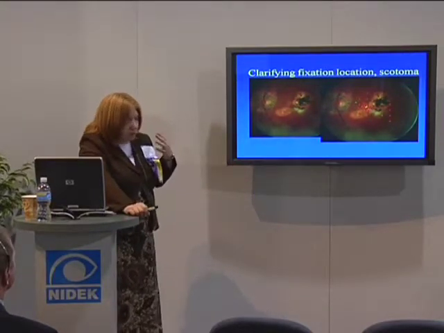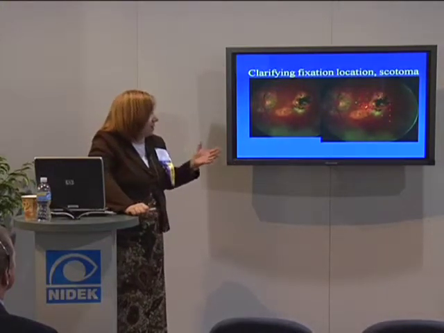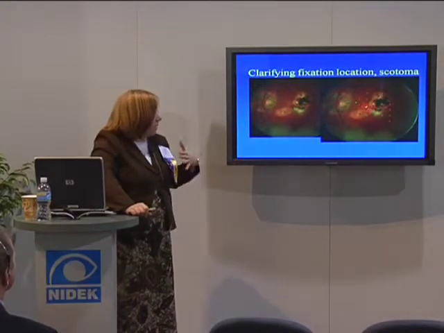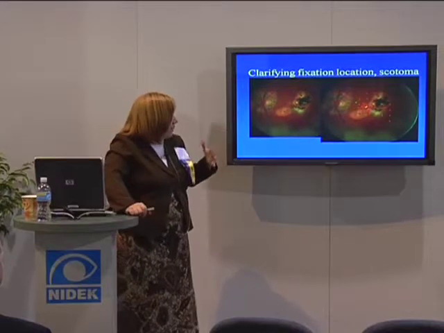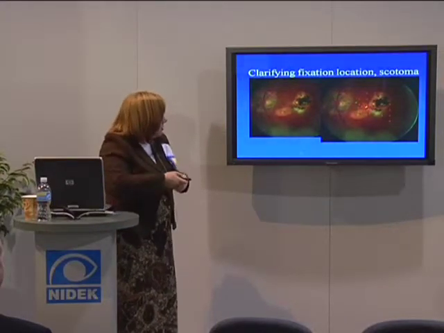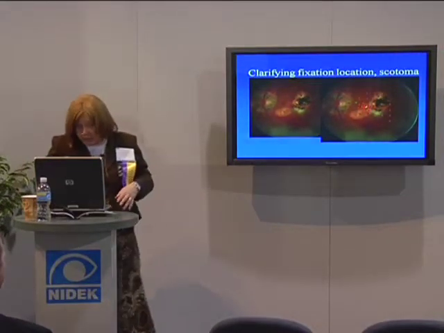Because what happens is you can't really look at an eye anymore and say, I know exactly where that person is seeing and where they aren't, because you can have areas of scar and you think the person is not seeing there and they are seeing there. They can get better acuity than you think, and you can really sort of go in and map out exactly where the person is fixating, and it's very, very, very useful.